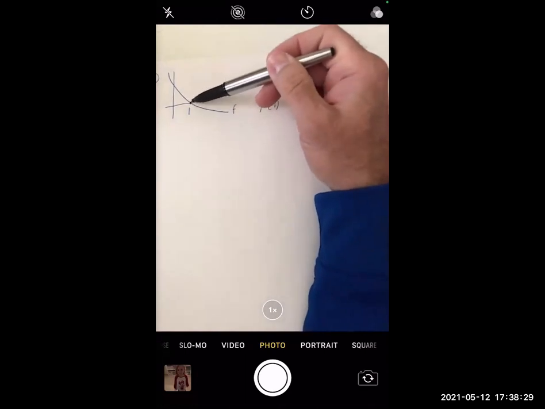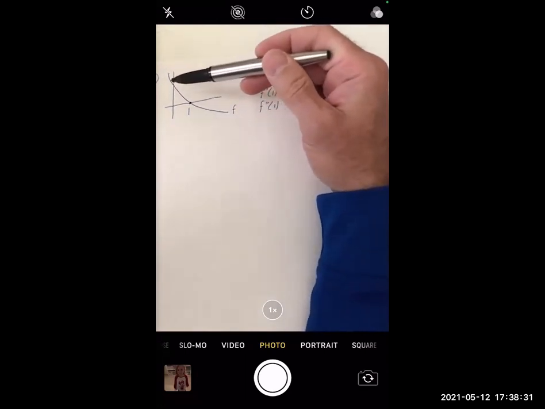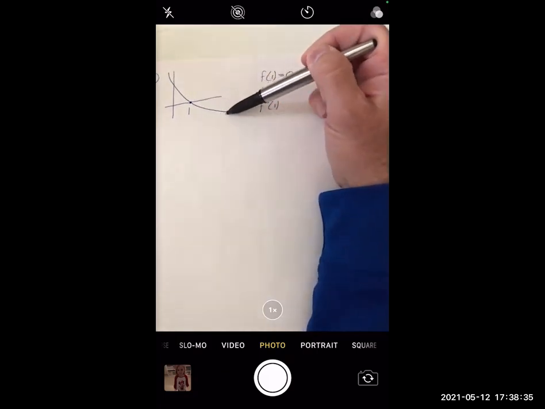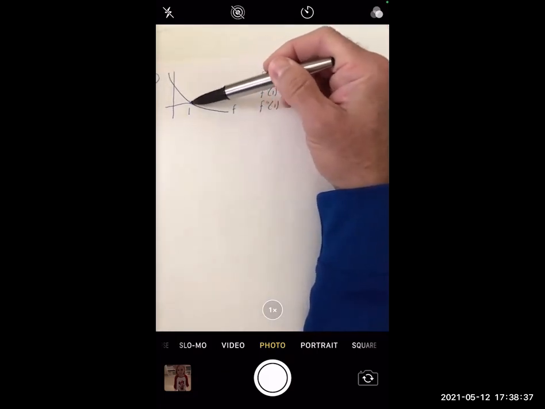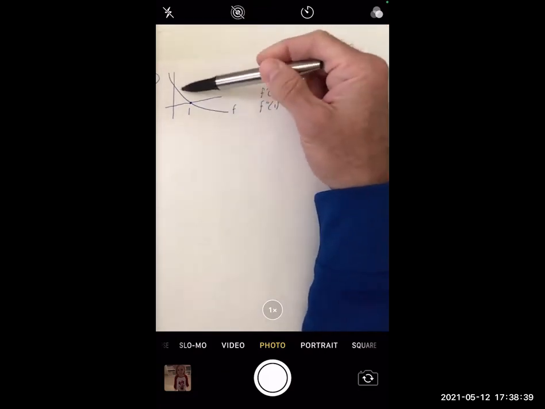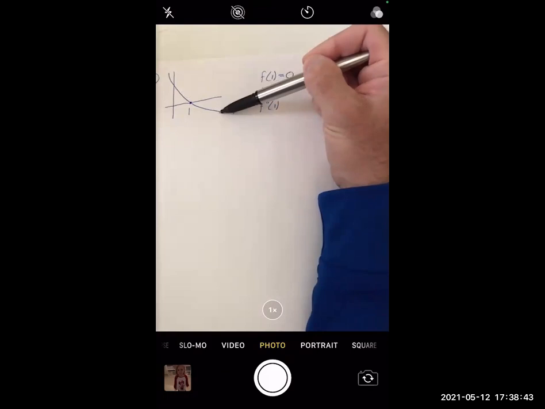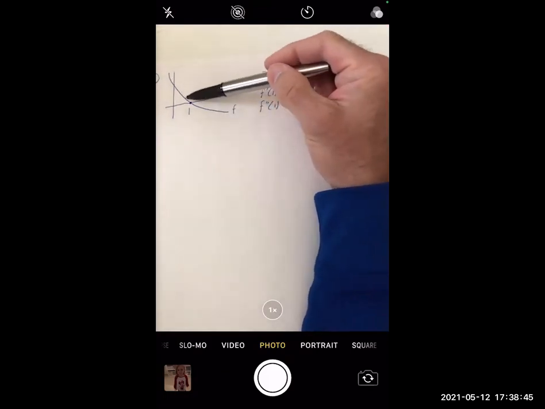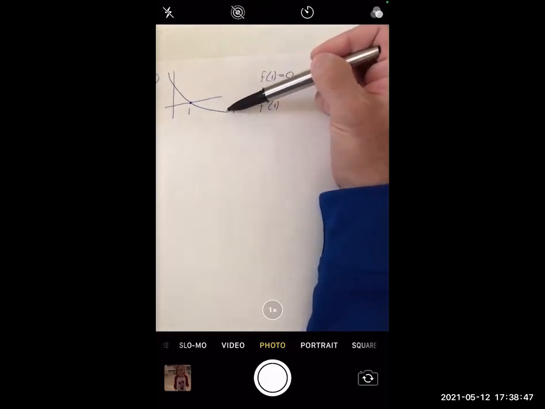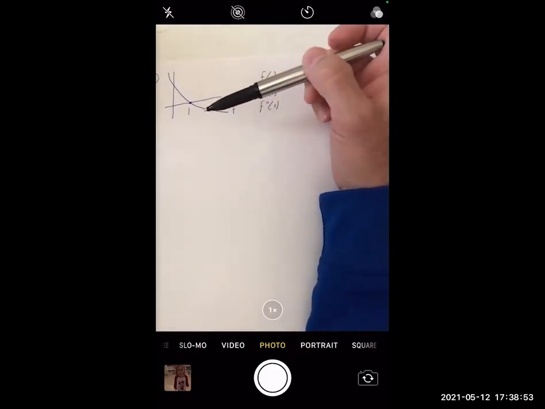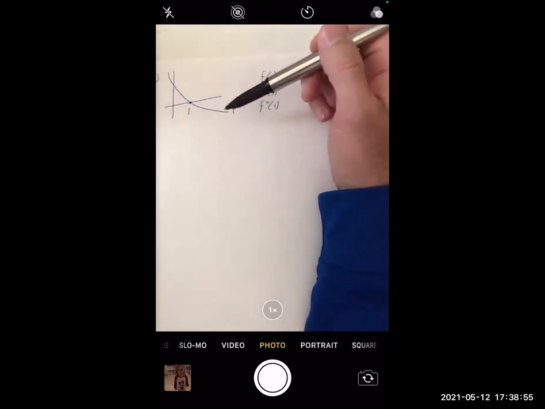So at x equals 1, what is the function doing? If we traced it from left to right, is it increasing or decreasing? It goes from positive to negative. Yes, it is going from positive to negative. So what does that tell you?